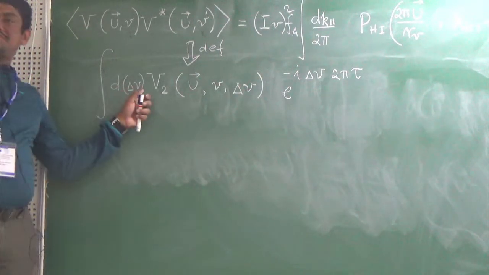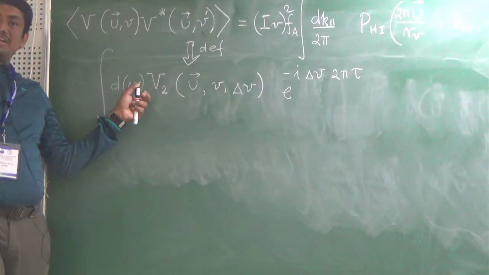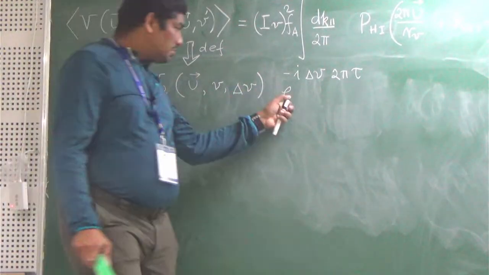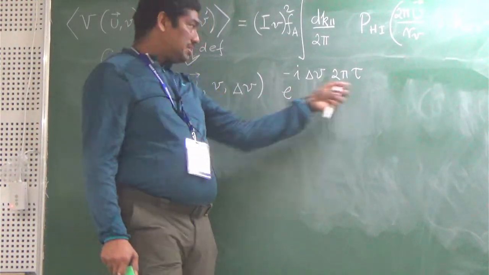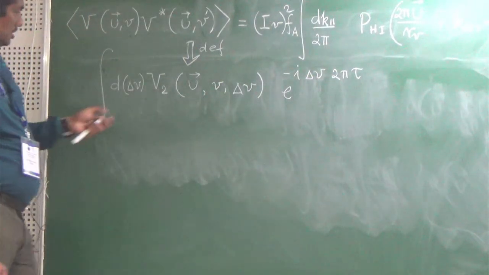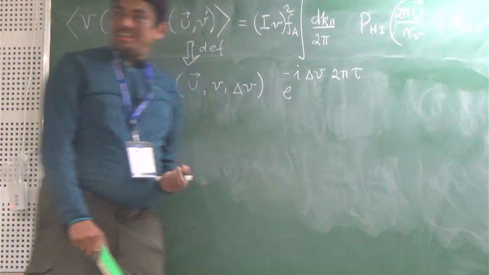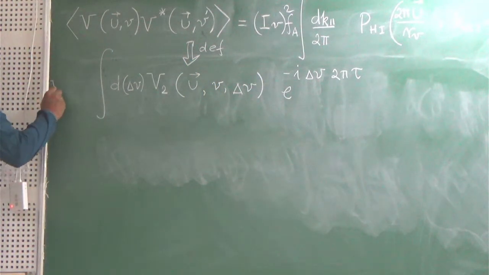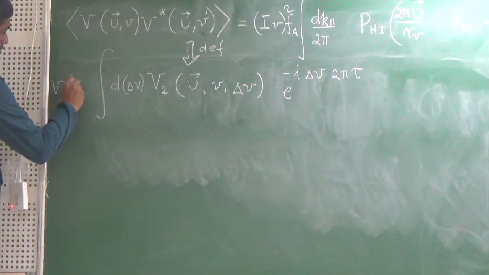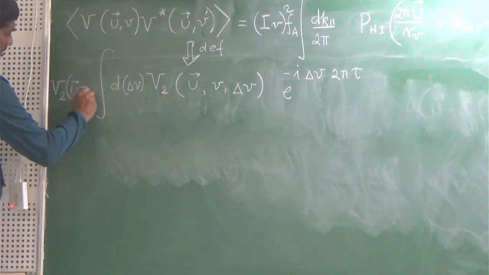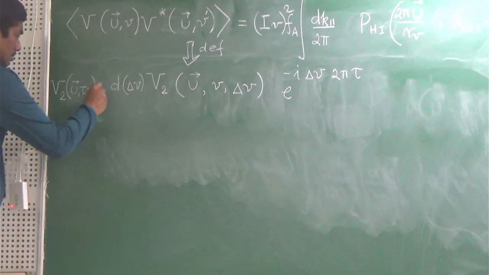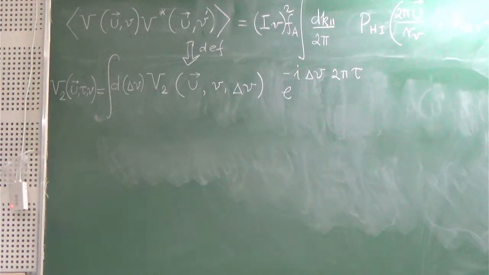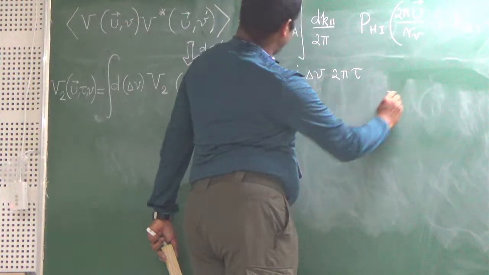Okay. So mu is the frequency. If I do a Fourier transform in time and frequency, what I usually have is the exponent omega t, right? So that's why I have written 2 pi delta mu tau to make that omega. And the tau then obviously should have the dimension of time. And then I can write this as V2 of u, tau, and mu. This quantity. What will I get on the right hand side?